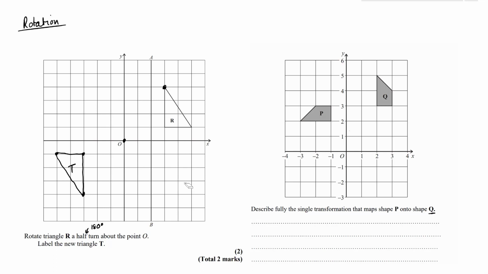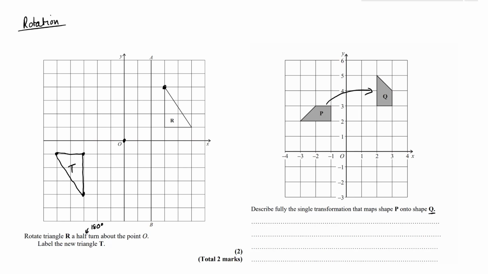Now the second question asks us to describe fully the single transformation that maps P onto Q. So that's going from here to here. And because this has changed the orientation of it, we can reduce some of these options. So we'd go through, is it a rotation, is it reflection, is it translation, or is it enlargement?